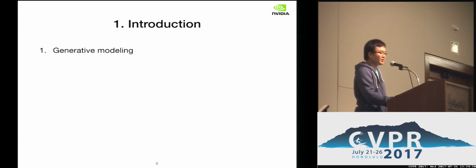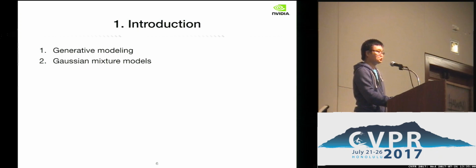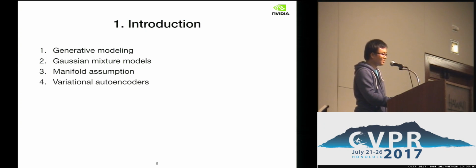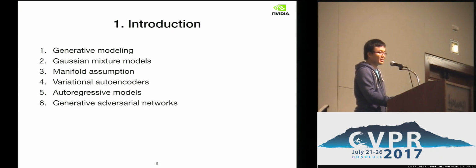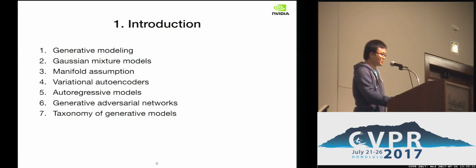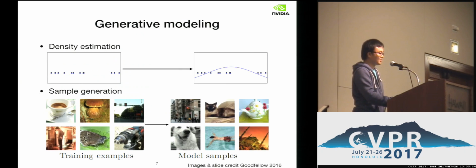We will talk about generative modeling and try to summarize recent generative models and put them in perspective: the Gaussian mixture model, probably the first model we learned in school, then the manifold assumption, then variational autoencoders, autoregressive models such as PixelCNN, and then generative adversarial networks. We'll put them in a taxonomy.